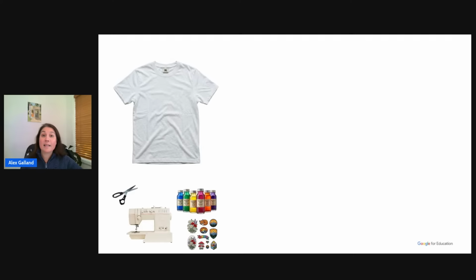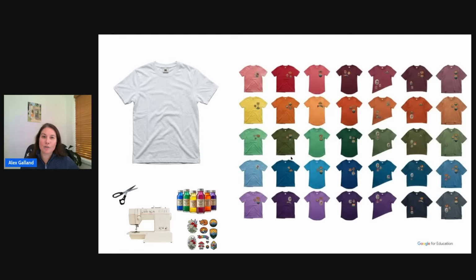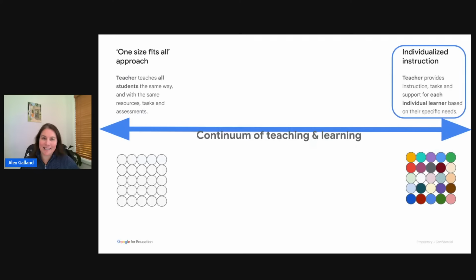They might dye the t-shirts different colors to suit the different personalities in the class. They might put on different patches on the individual t-shirts to suit each individual student. So the teacher would end up then with 30-odd t-shirts that are individual and unique, but that suit every single learner in their class. Now, while that's a beautiful idea, it's totally not realistic, is it?